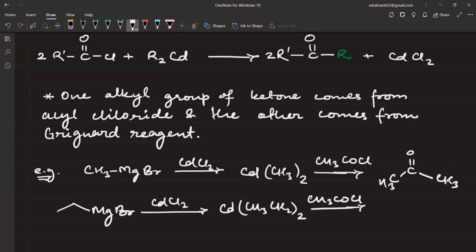ना यहाँ पे देखिए, CH3CO ऐसे लिख दीजिए बिल्कुल. And what was attached on the Grignard reagent? उसको देखिए, CH2 and then CH3. इथाइल ग्रुप था आपके पास, तो इथाइल ग्रुप किसमें लग जाएगा? कीटोन में लग जाएगा. Please write this down.